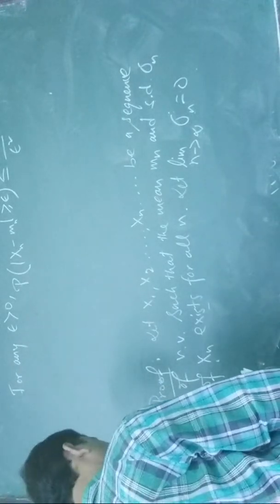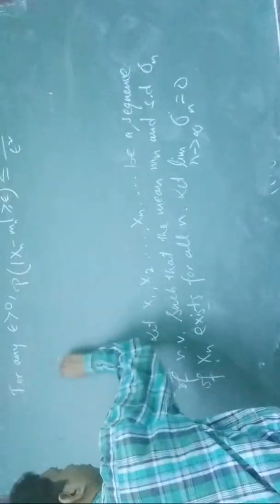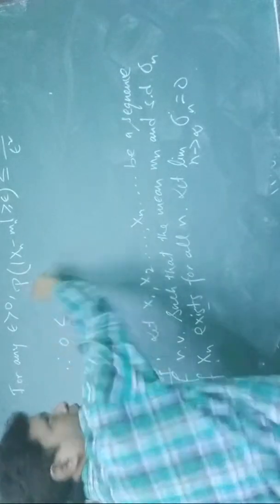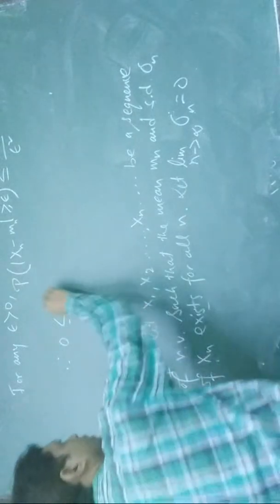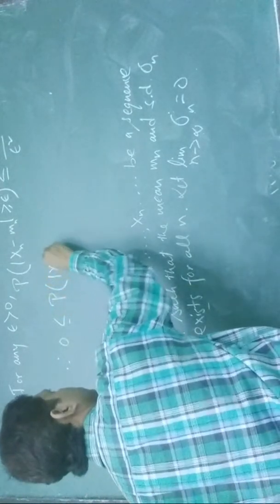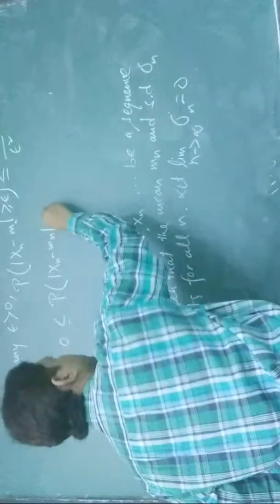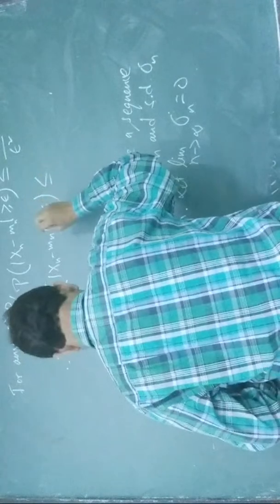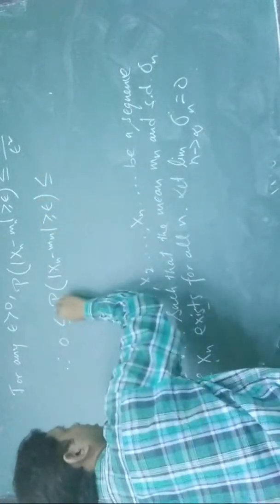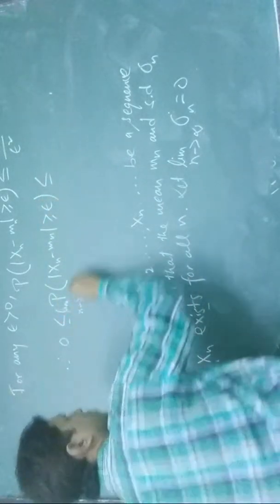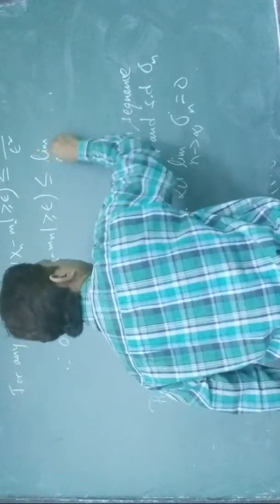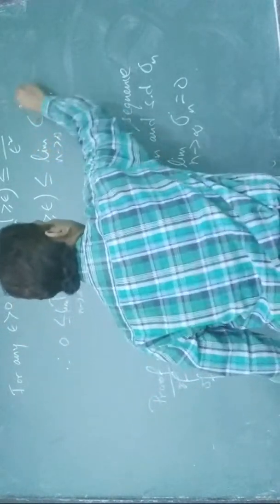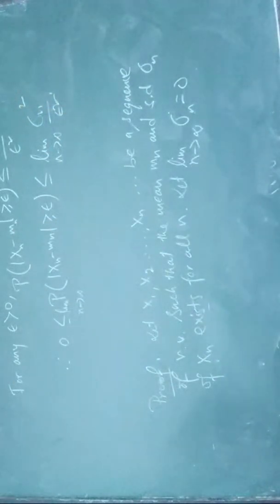Therefore, probability is always greater or equal to 0. Okay, I am taking limit on both the sides, and probability is always more than 0.